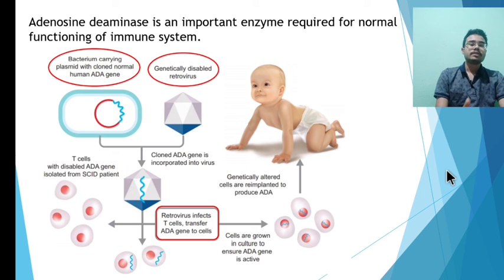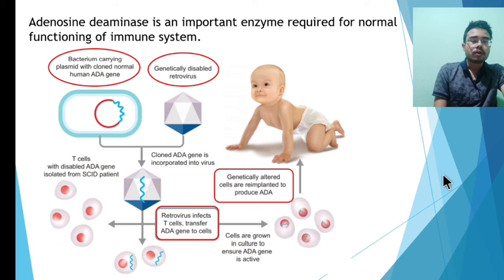Now these genes are collected from them and are transferred to the T lymphocytes of the human body. The gene therapy can help in the correction of the adenosine deaminase coding gene.